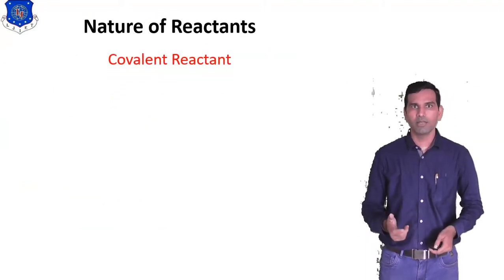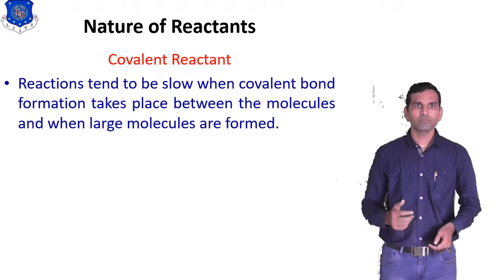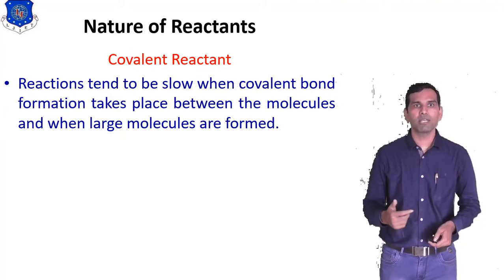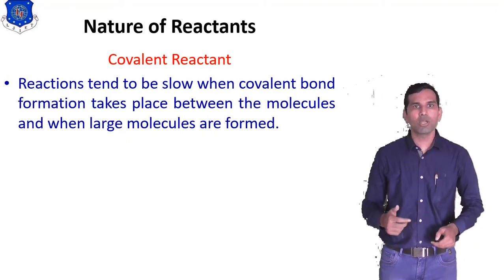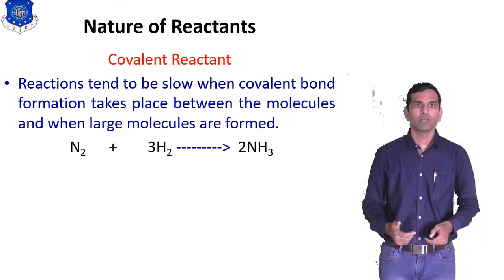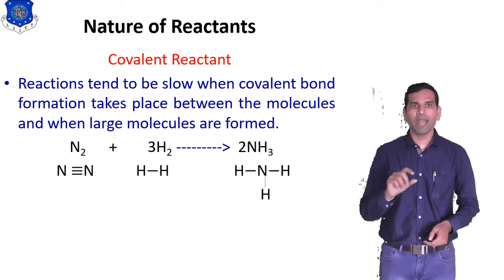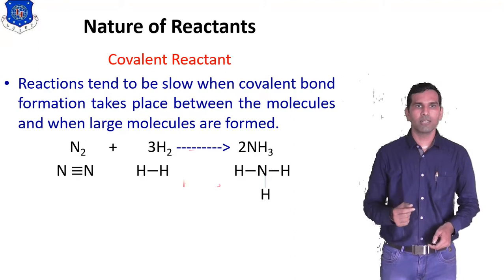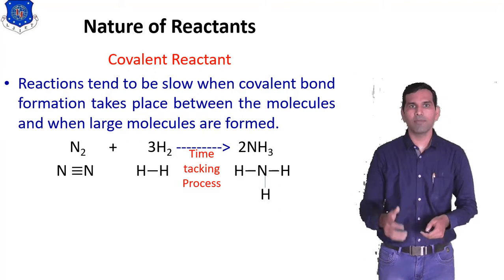Now we take the example of the covalent reactant. The reaction tends to be slow when covalent bond formation takes place between the molecules and when large molecules are formed. Here we added nitrogen plus hydrogen, so we get NH3. This process is time consuming.